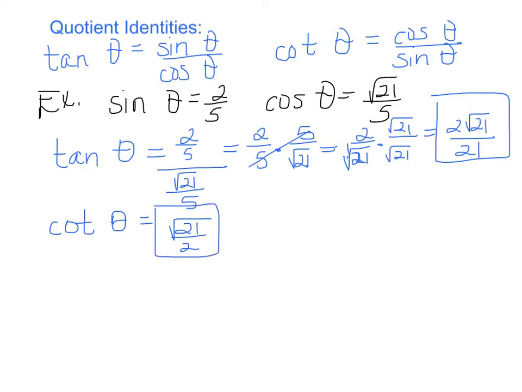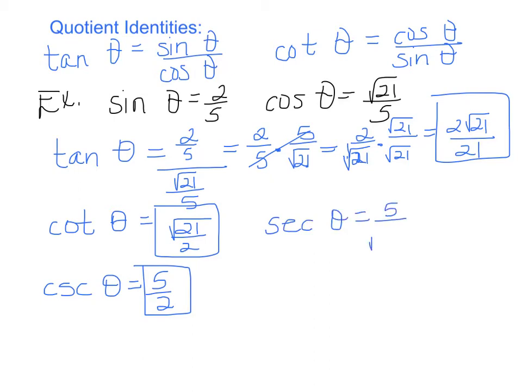And then, since we have sine, we have its reciprocal, which would be cosecant. And since sine was 2/5, cosecant would be 5/2. And since we have cosine, then we can also find secant of theta, which would be 5 over the square root of 21.